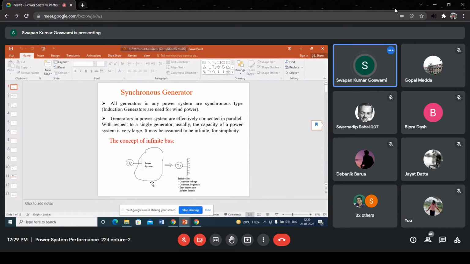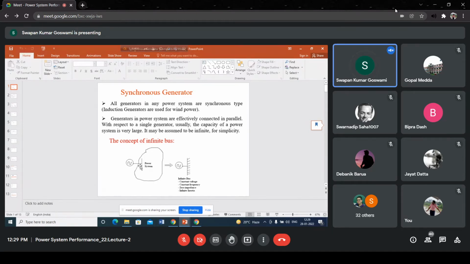So you can imagine the difference between the capacity of a single generator and the capacity of the large power system. If our generator is 500 megawatt, obviously 370 gigawatt is very, very large with respect to it, so we can consider the 370 gigawatt system as operating as an infinite capacity system. That's why we shall refer to this bus as the infinite bus.